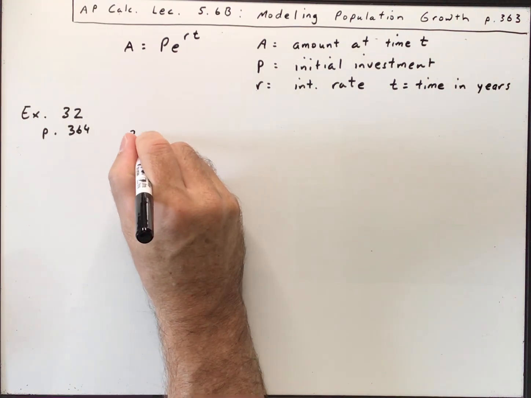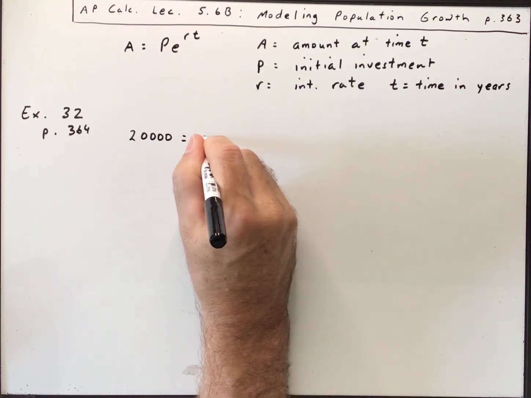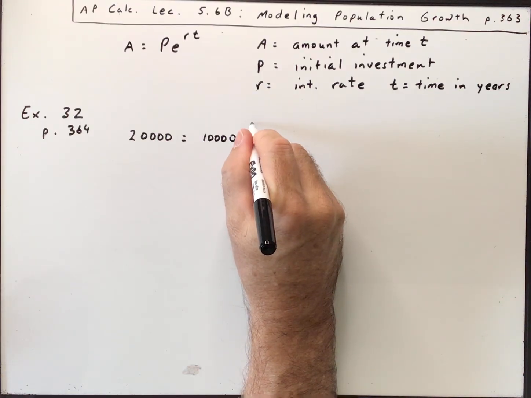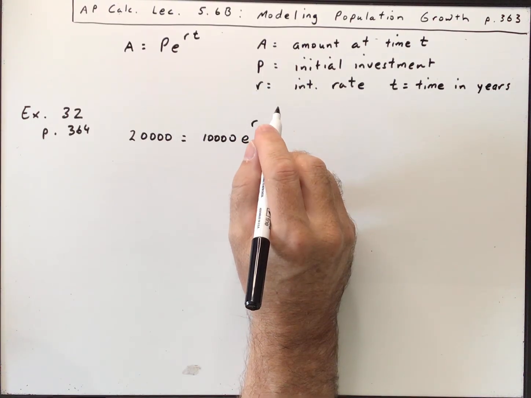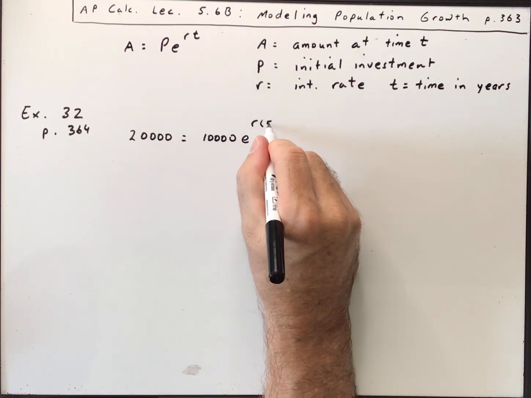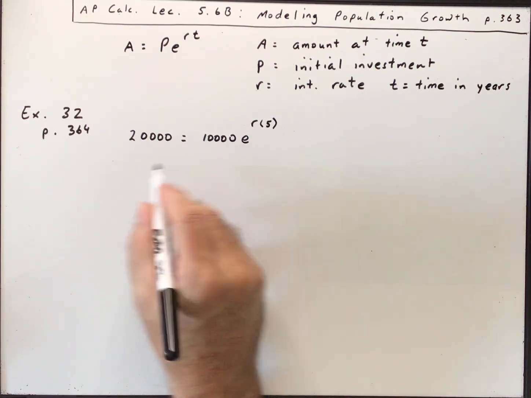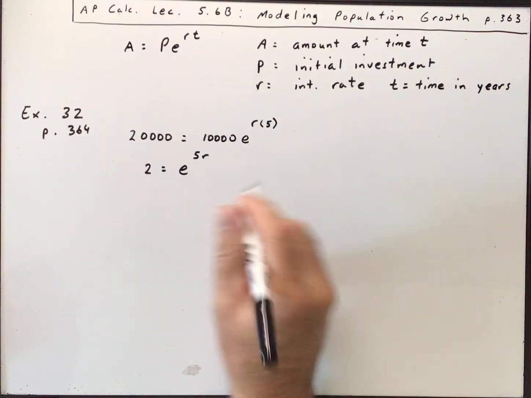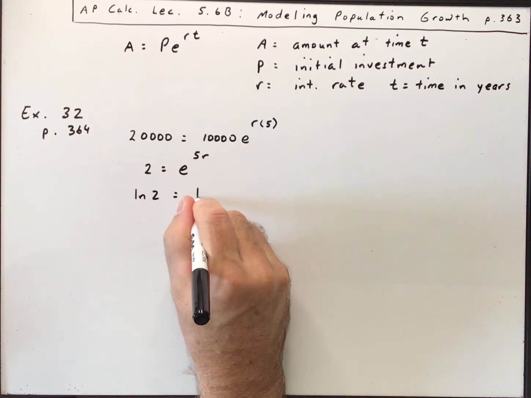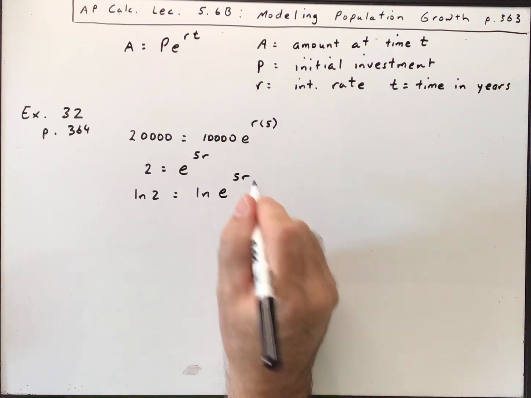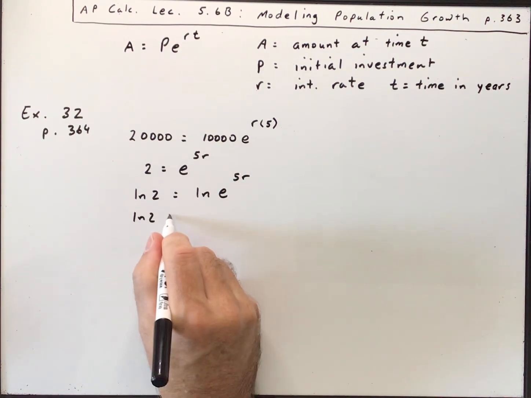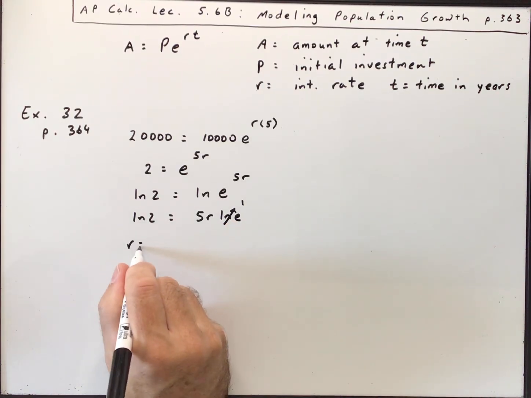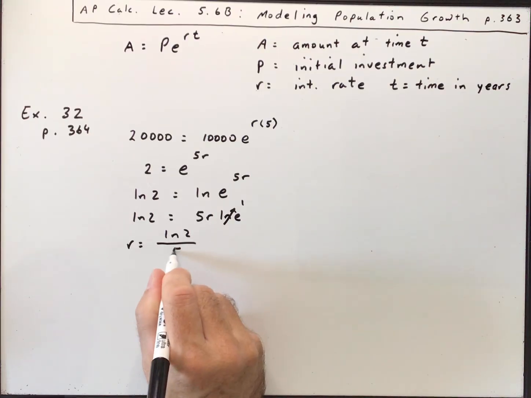So we would have 20,000, because we're starting with 10,000, e. We don't know the rate, but we know it took 5 years to double. So if we divide both sides by 10,000, we have 2 is equal to e to the 5r. So the natural log of 2 is equal to the natural log of e to the 5r. Natural log of 2 is equal to 5r natural log e, which goes to 1. So the rate is the natural log of 2 over 5.